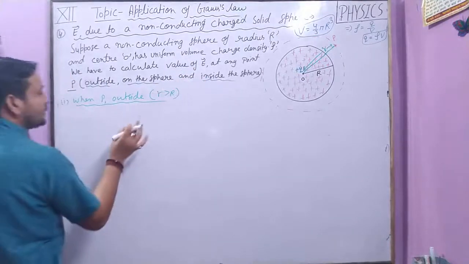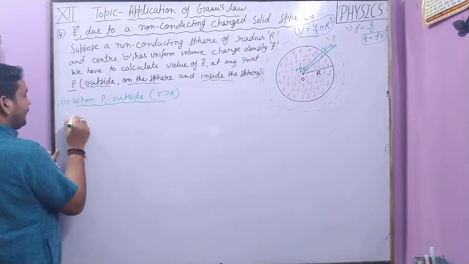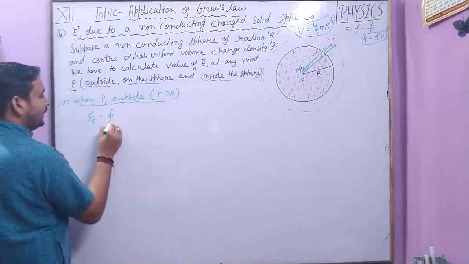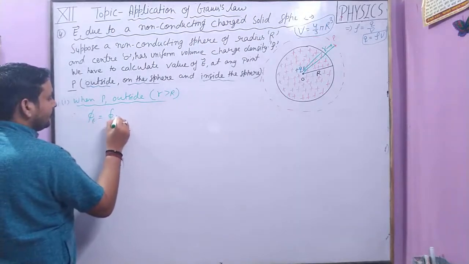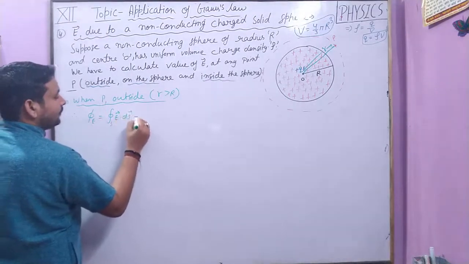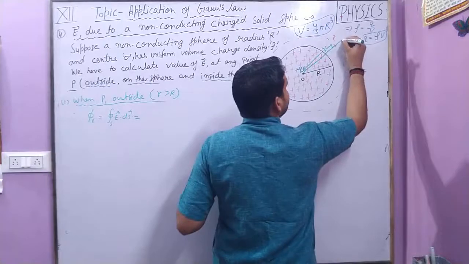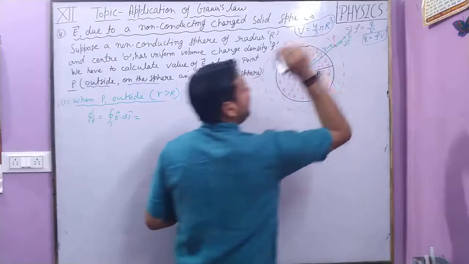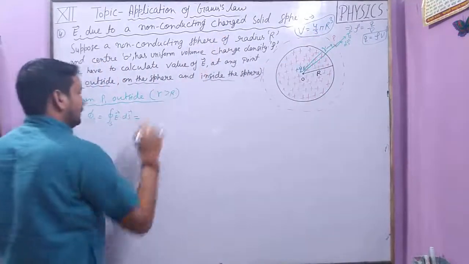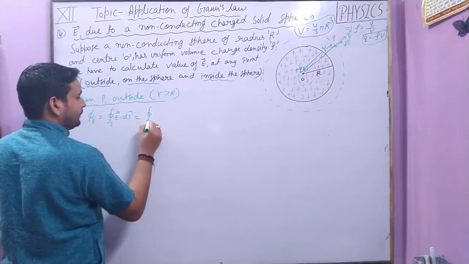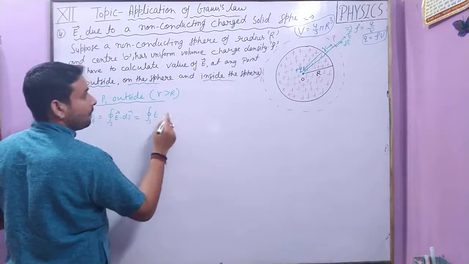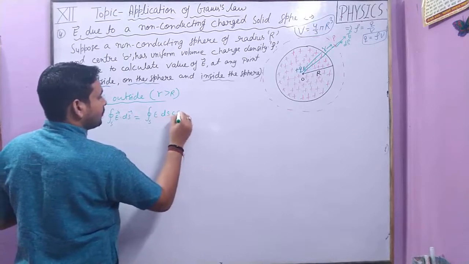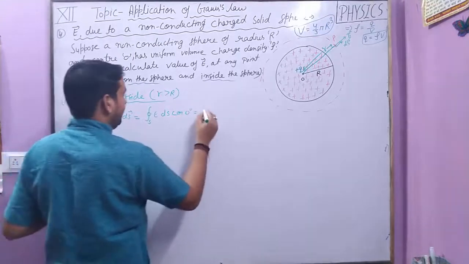Now here we just calculate the value of electric flux. Therefore, the flux at P is given by the closed integral of vector E dot ds. Here this is the direction of the electric field, and at every point the direction of the area vector is 0 degrees. So we can calculate this as E ds cos 0 degrees.